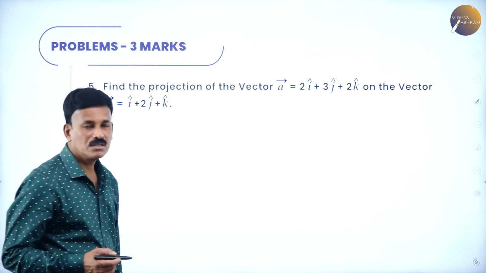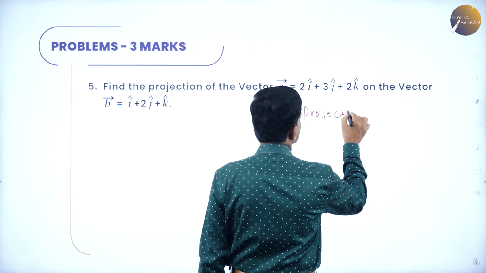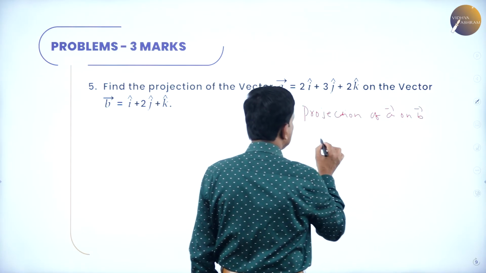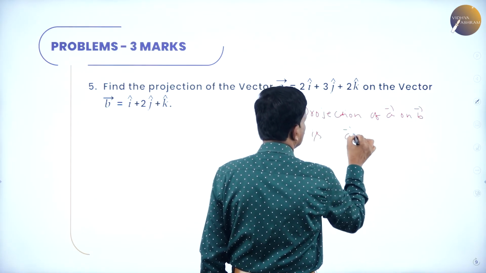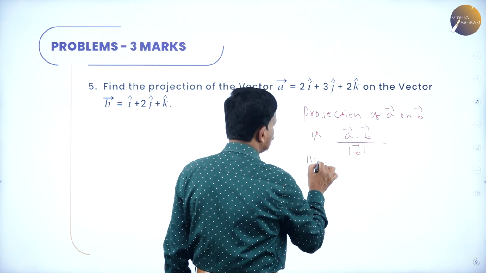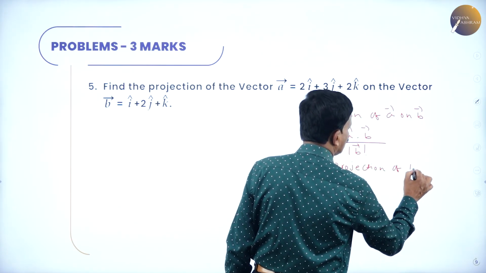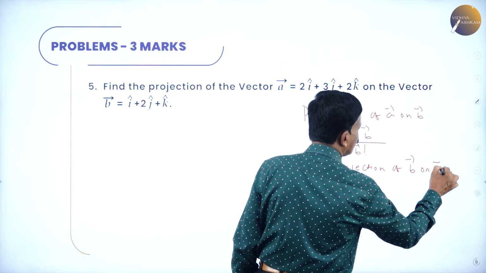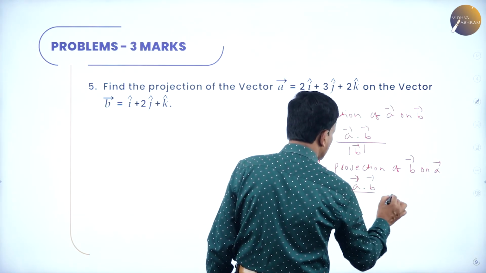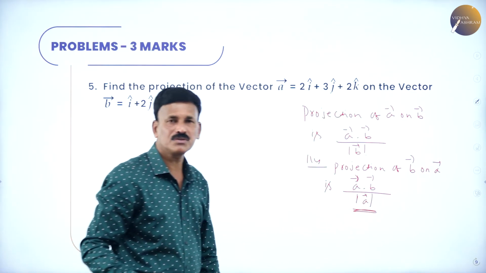As we discussed, the projection of vector A on vector B is vector A dot B divided by the length of vector B. Similarly, the projection of vector B on vector A is A dot B divided by the length of vector A. So this is the projection. That is what we have discussed.